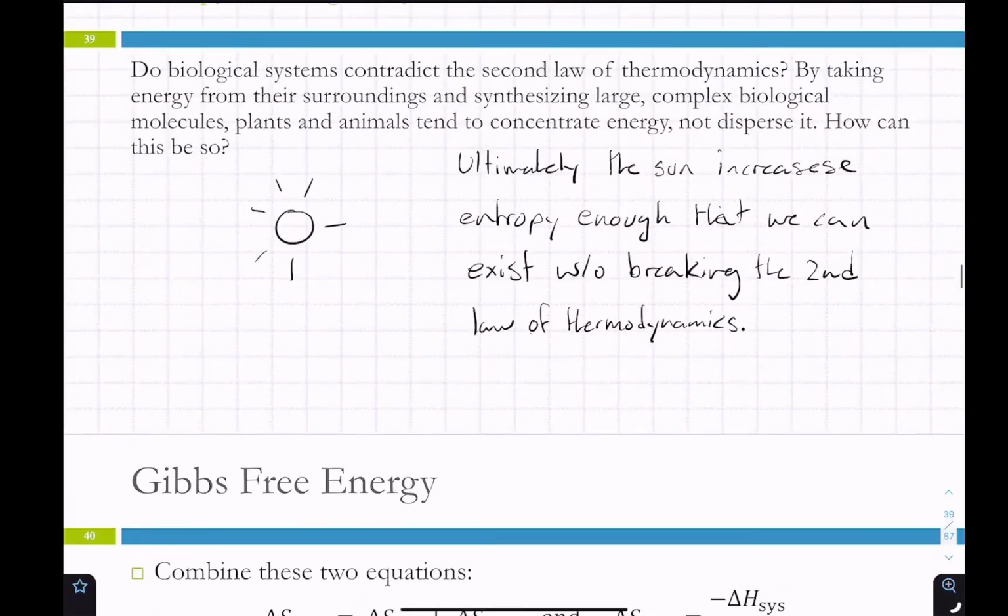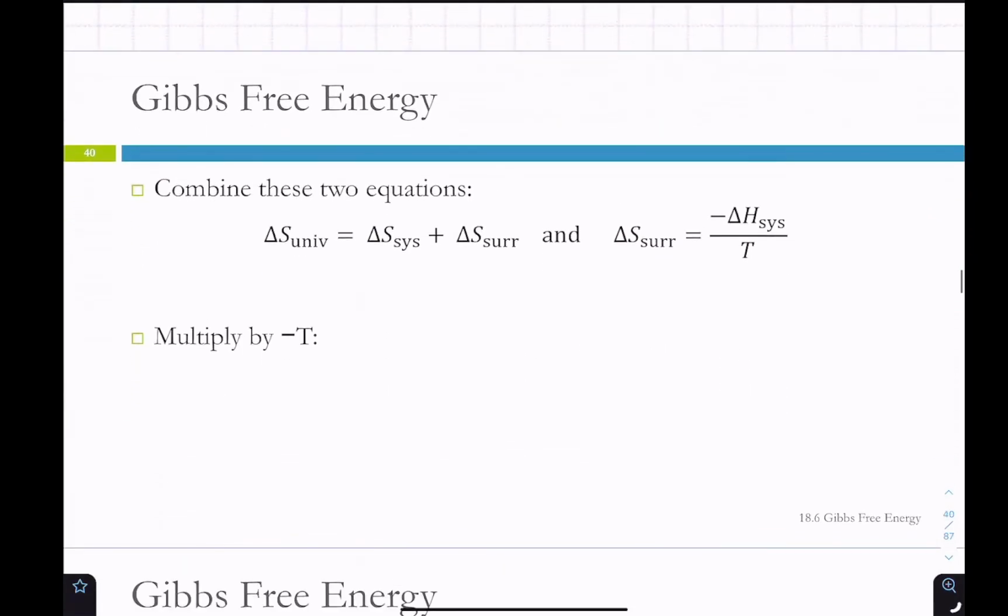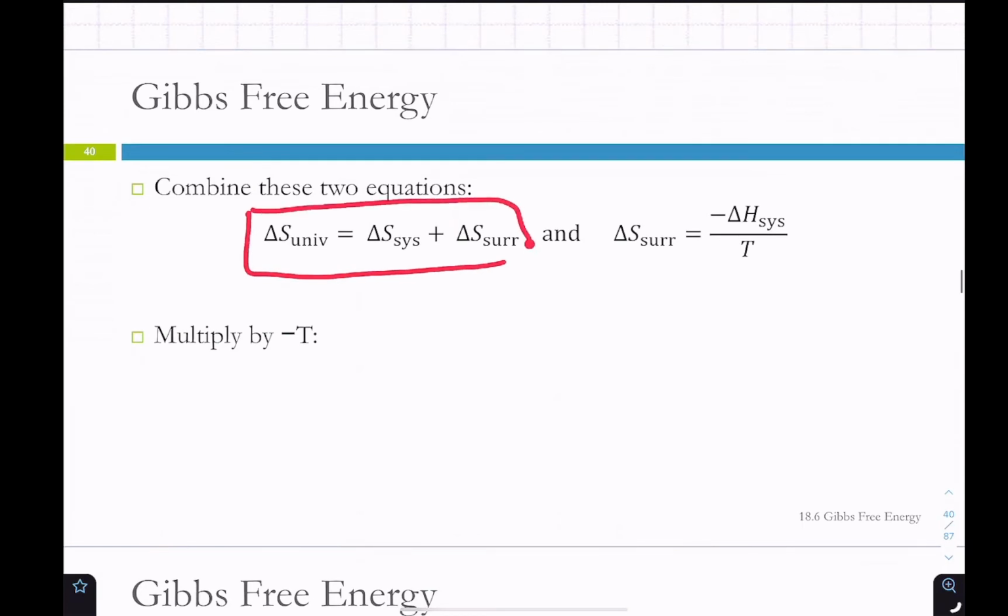Alrighty. So now we're finally getting to how do we calculate for any given reaction, or how do we predict whether or not it's going to be spontaneous or non-spontaneous? So we can take now our second law of thermodynamics. What comes out of the second law is that the change in entropy of our system plus the change of entropy in the surroundings is the change in the entropy of the universe.